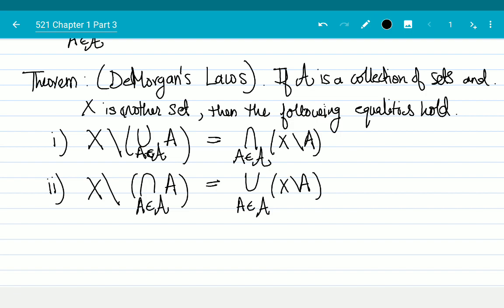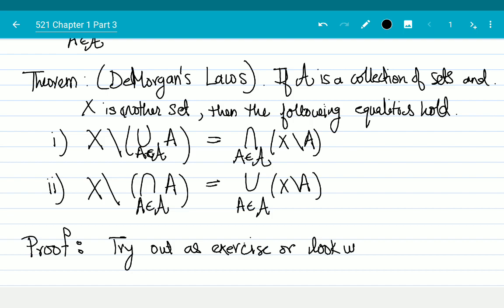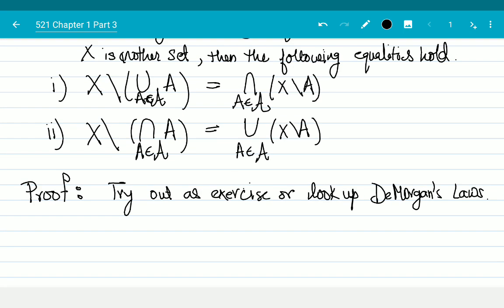Okay, I'm not going to prove it. If you want to prove it, just look up De Morgan's laws. Proof: try it out as an exercise, or look up De Morgan's law. My recommendation is first try them out as an exercise. These are not really hard. Just follow the definition and the rules of distribution.